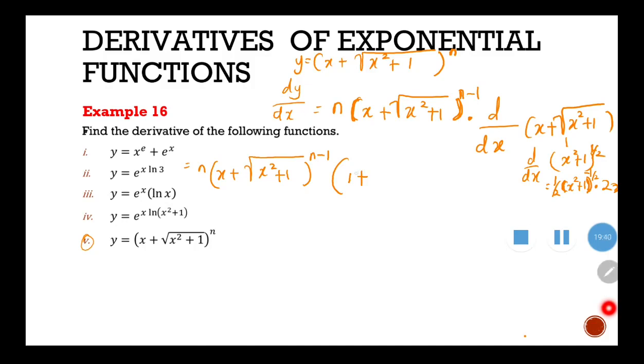So half times x square plus 1 to the power of minus half times 2x. So the 2 can be cancelled.